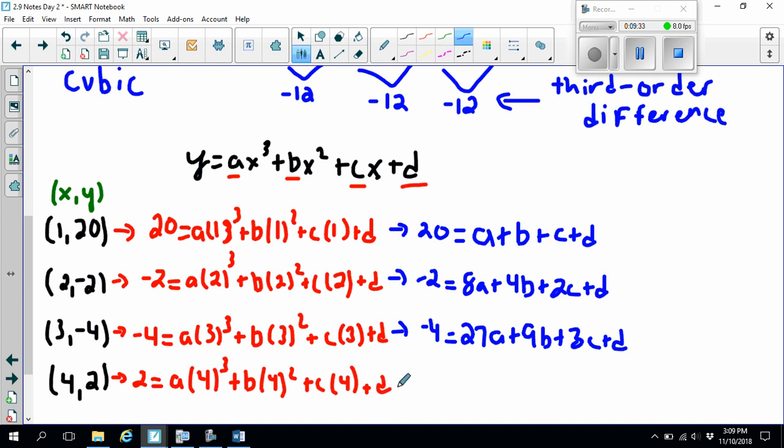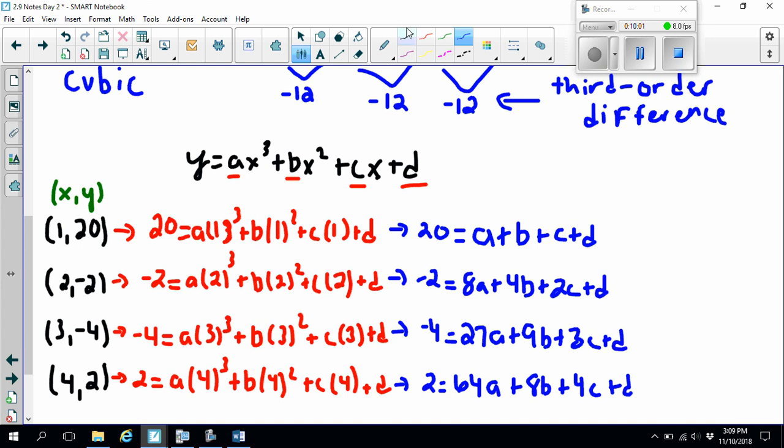To simplify this, we still have 2. Now 4 to the third gives us 64, so we have 64a. Then 4 squared gives us 16, so we have plus 16b. And 4 times c gives us plus 4c. And then we have plus d at the end.